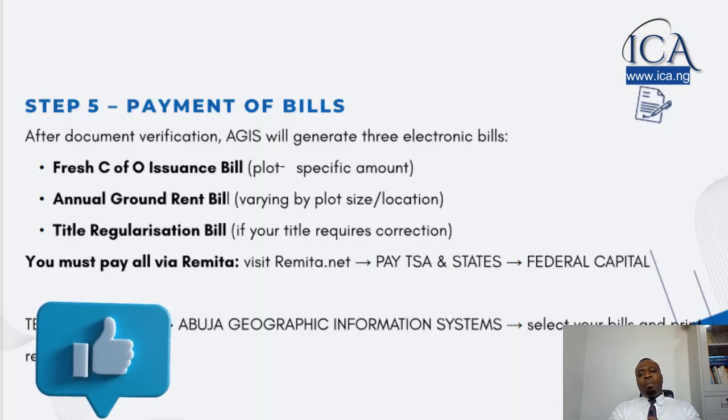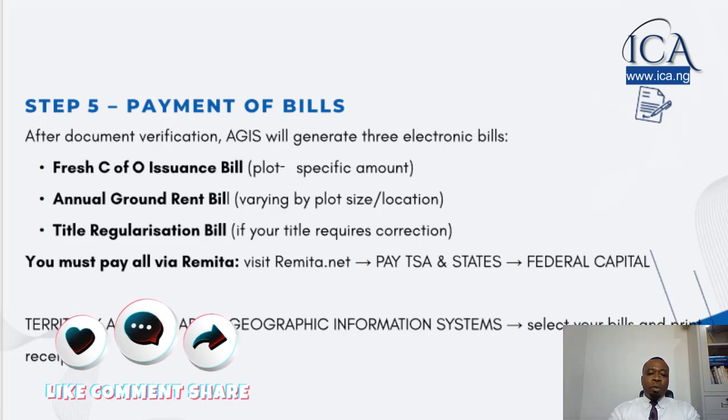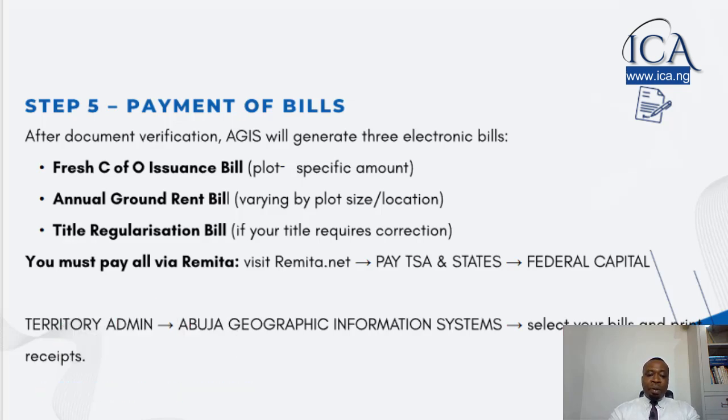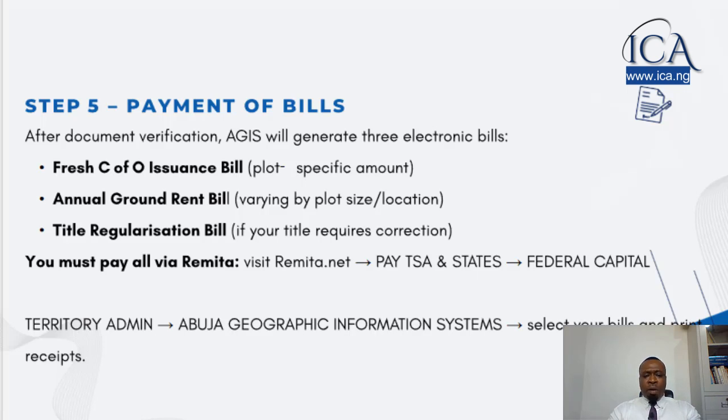Then thereafter, it will be payment of bills. After document verification, AGIS will generate 3 electronic bills. They are the fresh C of O issuance bill, which is based on the plot, then the annual ground rent bill, and these are also based on the plot size and the location of the property. Then the 3rd is the title regularization bill, that's if your title requires some correction, and you must pay all bills via Remita.